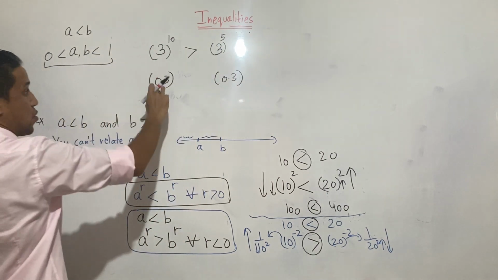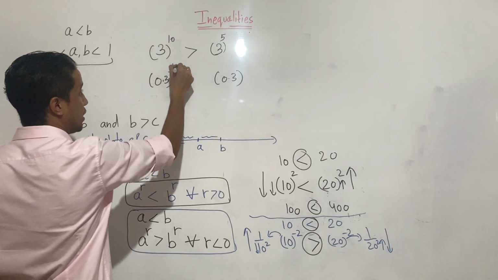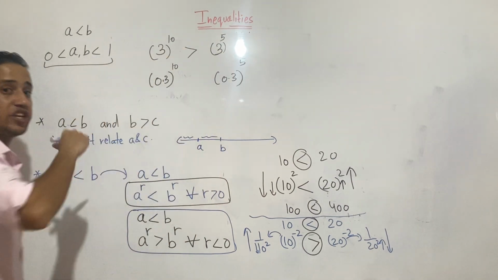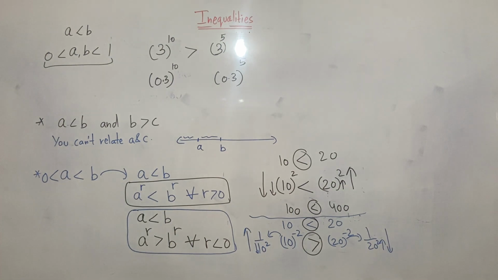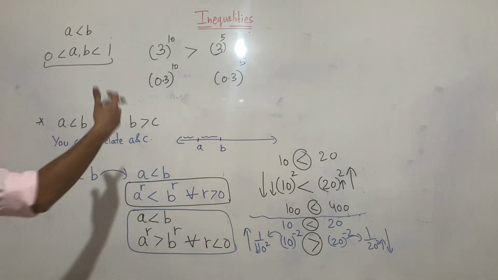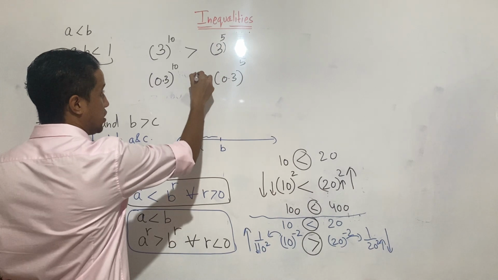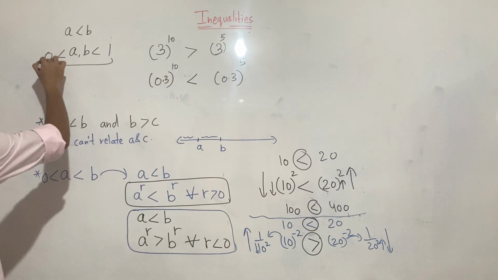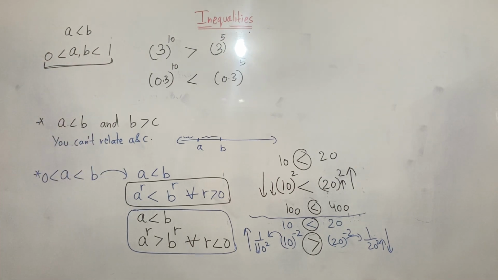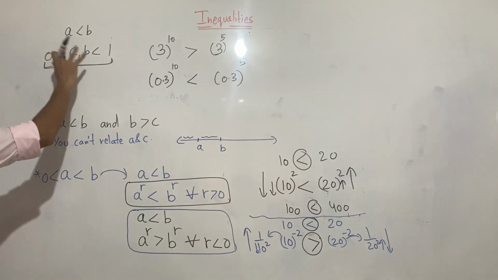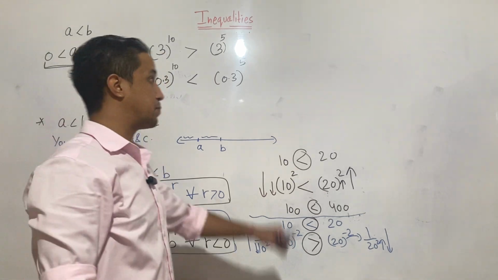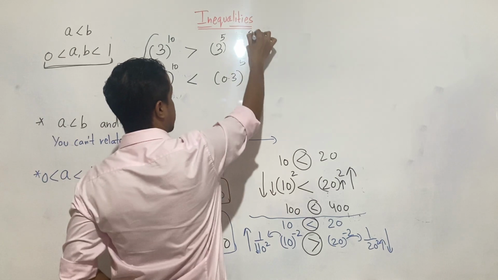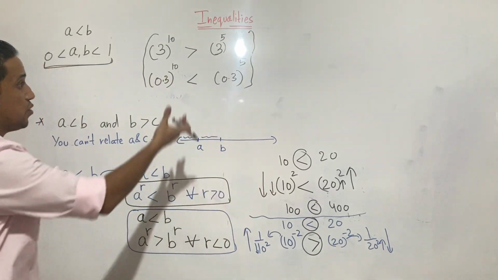Now raise this base to the power 10 and raise this base to the power 5. Which is going to give you the higher value? Obviously this value is higher, right? So when you deal with the inequality and the values of a and b lie between 0 and 1, then you have to deal with this case. Okay, obviously, why?